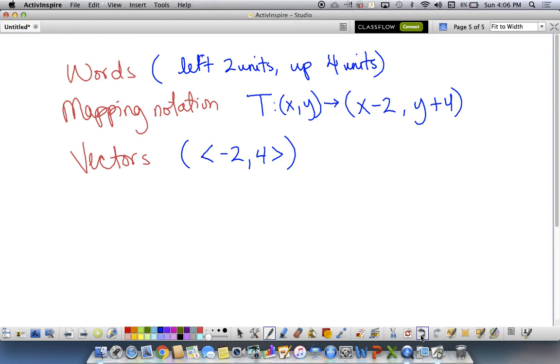Okay? Now, there's an application. They talk about computer animation. A character in a new animated movie will move from point 4, -5 first to the point 16, 3, and then to the point 13, -2.